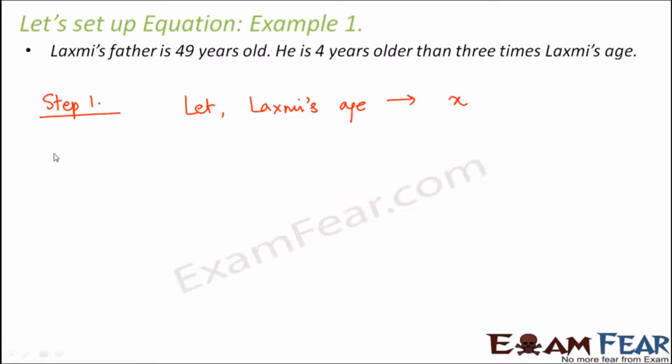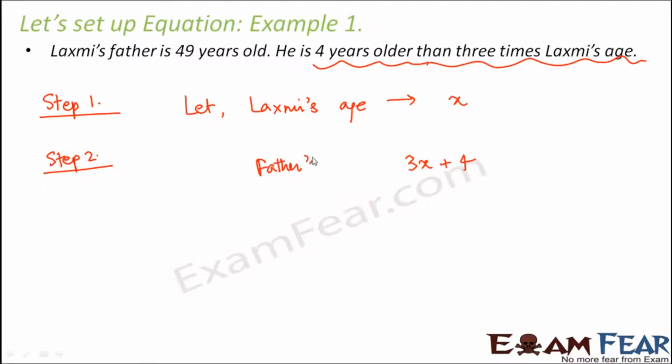So our first step is done. Now let's move on to step 2. It says that we will have to build expressions for the condition. So what is the condition? It says that father is 4 years older than 3 times Lakshmi's age. So 3 times Lakshmi's age is 3x, 4 years older than that. That means 3x plus 4. So this should be father's age as per the conditions given in the question.